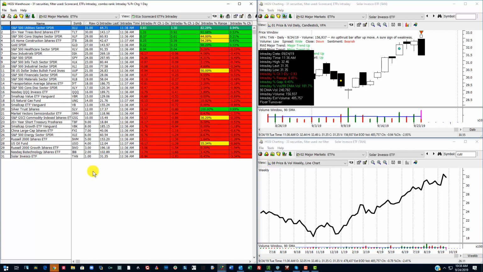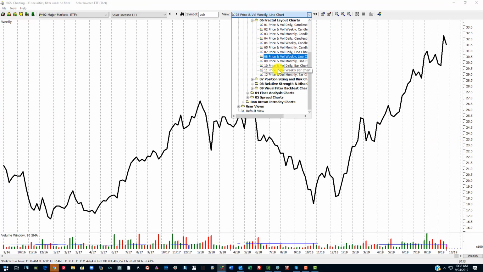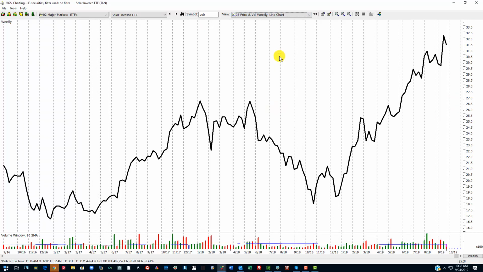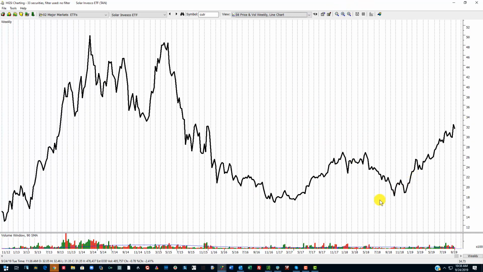You can see how strong this solar ETF has been. It has been extremely strong, and if I change this to a monthly line chart, you can see where it was at one time, and then it fell all the way down here, but it has come back, been very strong.